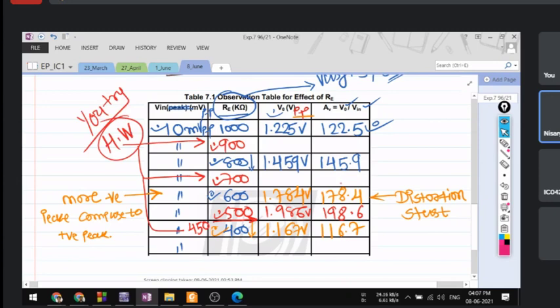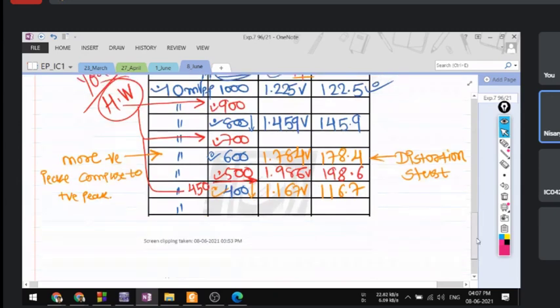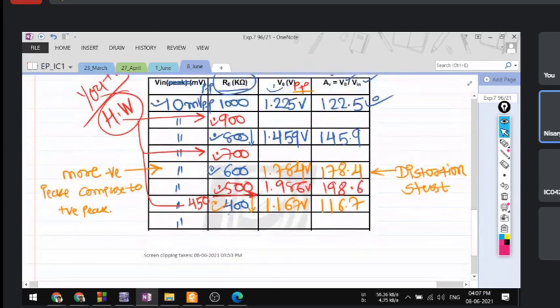But overall, student, if you see, what is your conclusion? As RE decreases, can you say that your VO increases? Can you see this, student?